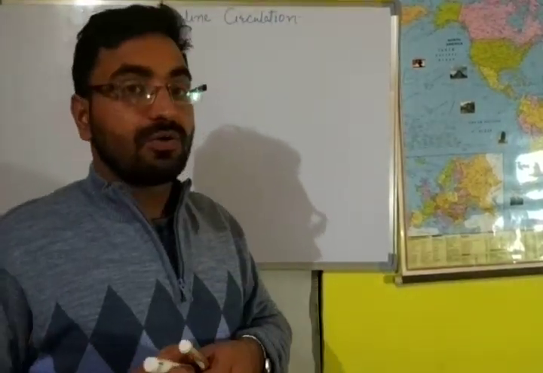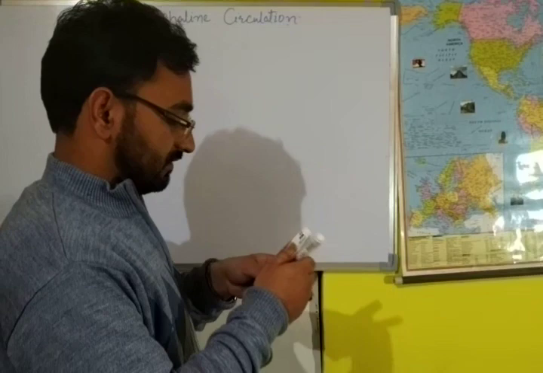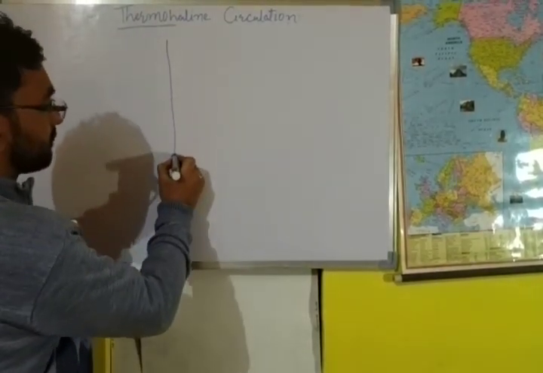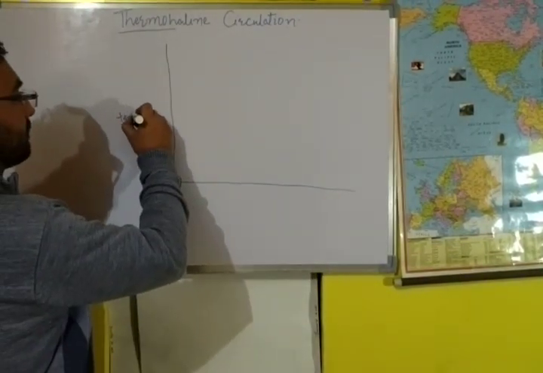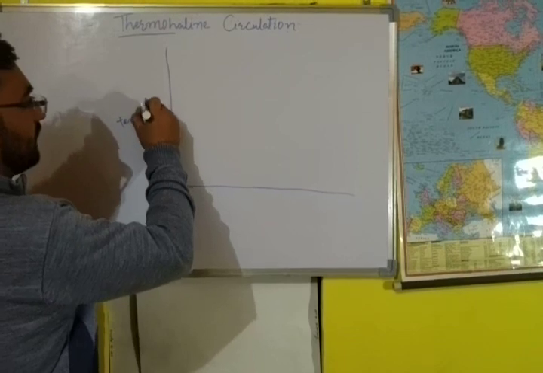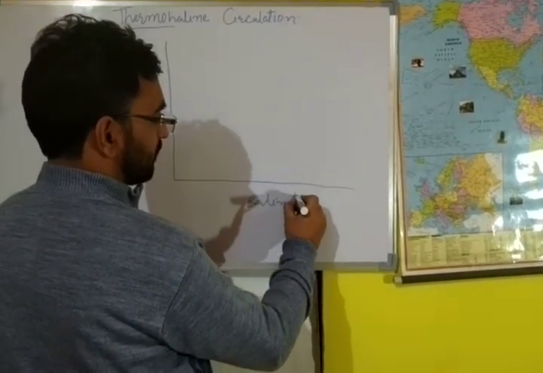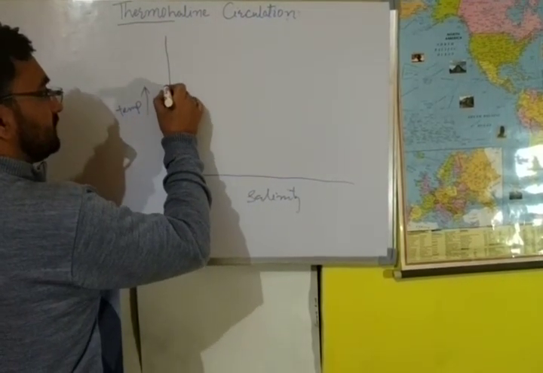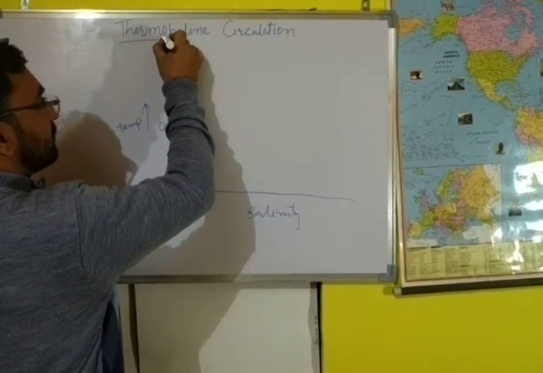So let us see what is the relation of temperature, salinity, density. For that I will draw a diagram. I will be taking temperature on this side, and I will take salinity on this side. So this is the 0 degree temperature, this is the +1, +2, +3, +4 or +5.